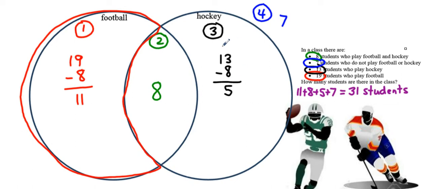So the key is making sure you don't just write 13 in this section. You have to subtract the 8 because the entire circle has to add up to 13. And this entire circle has to add up to 19. So you always have to subtract that overlap. So that's a Venn diagram question that you're used to.